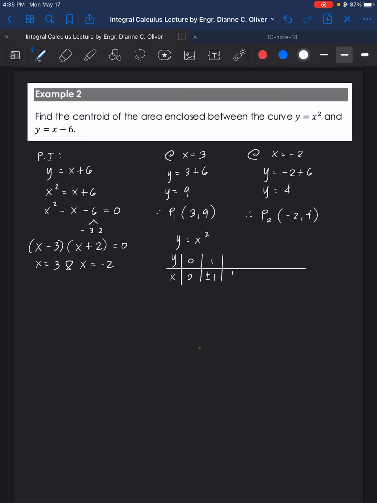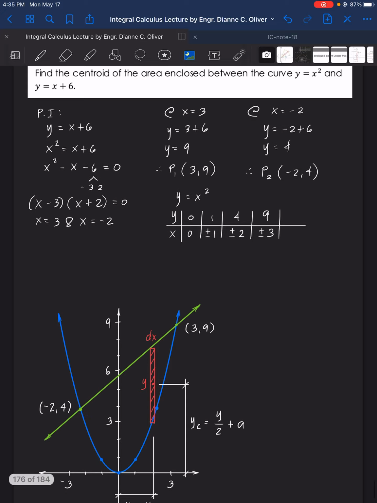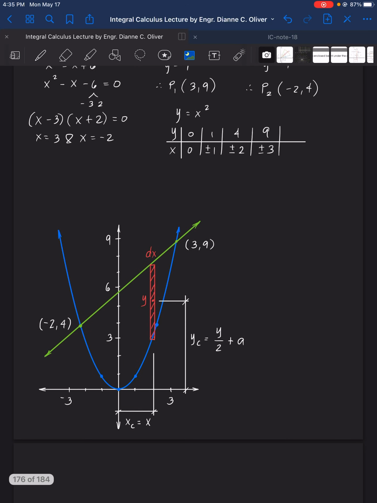If x is equal to positive or negative 2, y is equal to 4. If x is equal to positive or negative 3, y is 9. If we sketch the curve, we will be arriving at this. So we have the curve, the blue curve here.